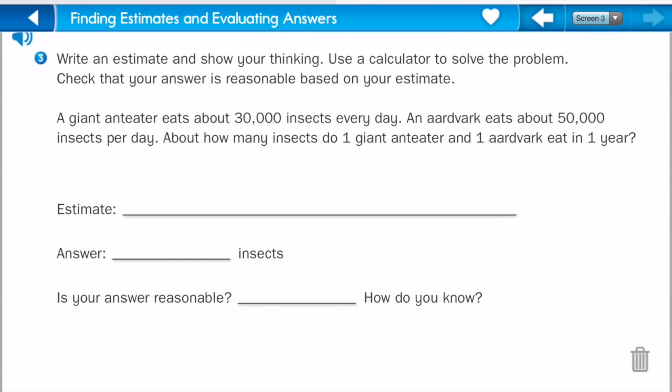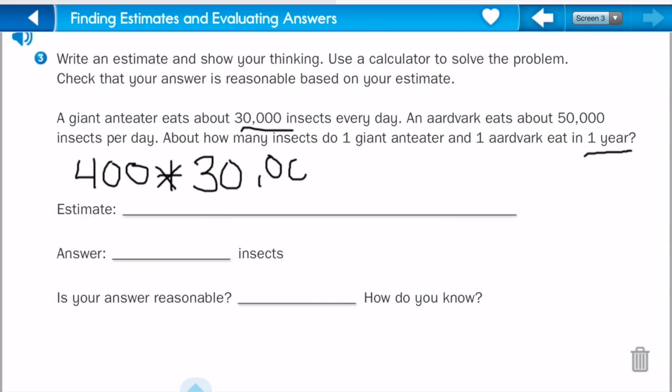The giant anteater eats about 30,000 insects every day. An aardvark eats about 50,000 insects per day. About how many insects do one giant anteater and one aardvark eat in 1 year? So once again, we're going to round 365 to 400. We're going to multiply that times 30,000. And that equals about 12 million.